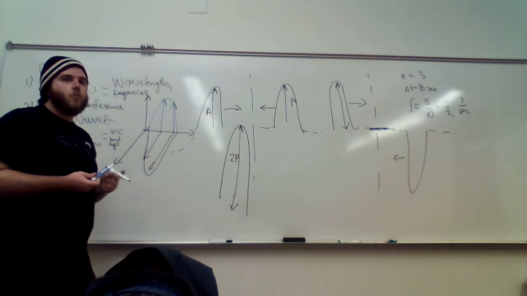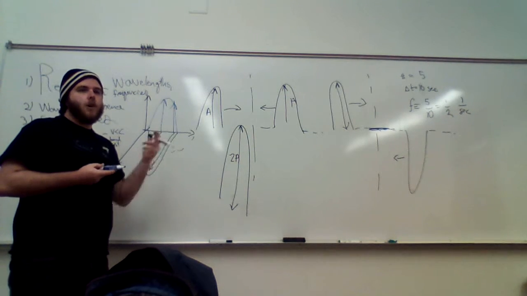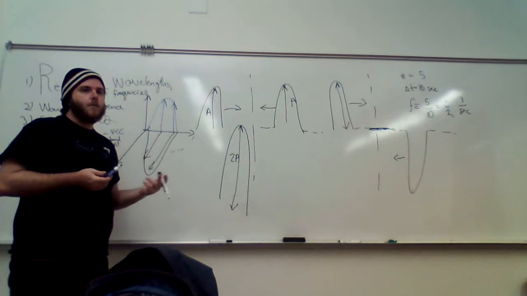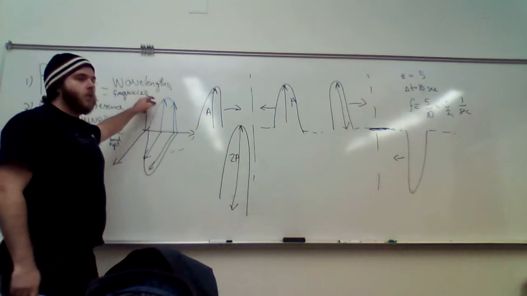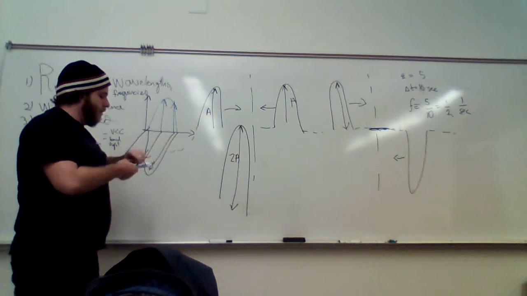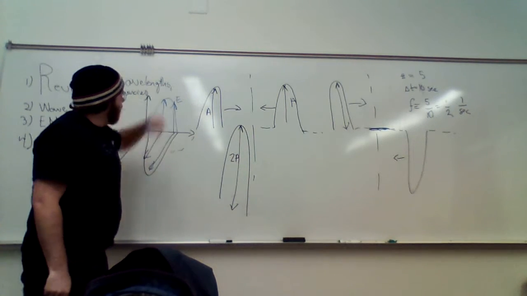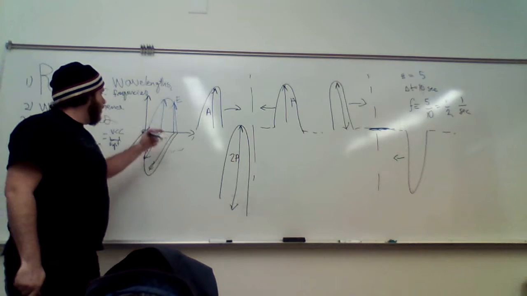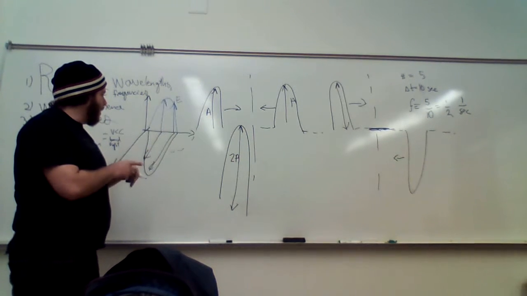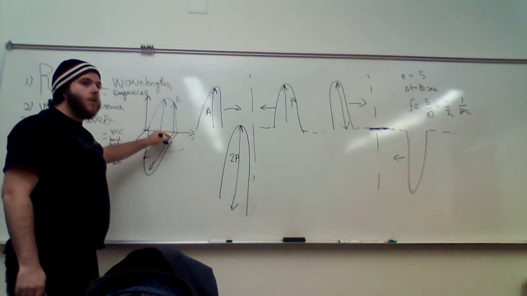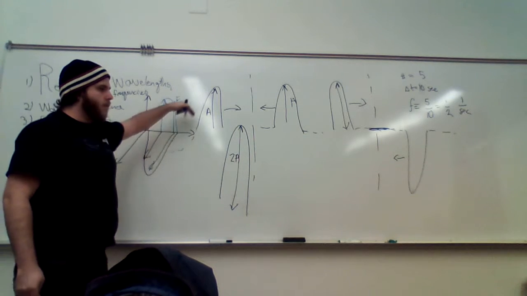An electromagnetic wave is a wave that consists of oscillating electric and magnetic fields, which are perpendicular to each other. So if this is the electric field, I'll use an E for that, and this is going up and down, then the magnetic field is doing the same, but out of the board and then into the board.